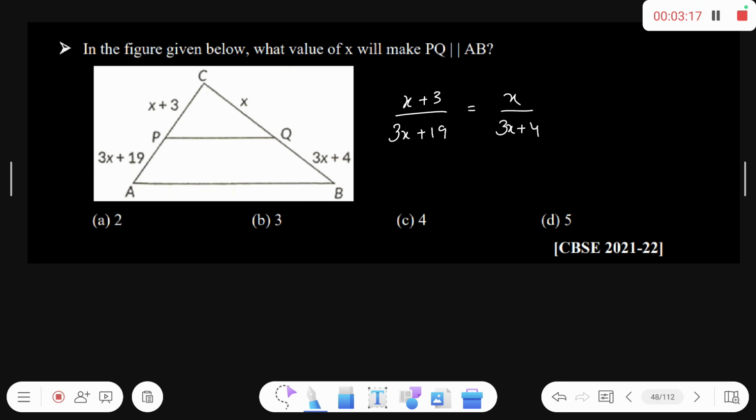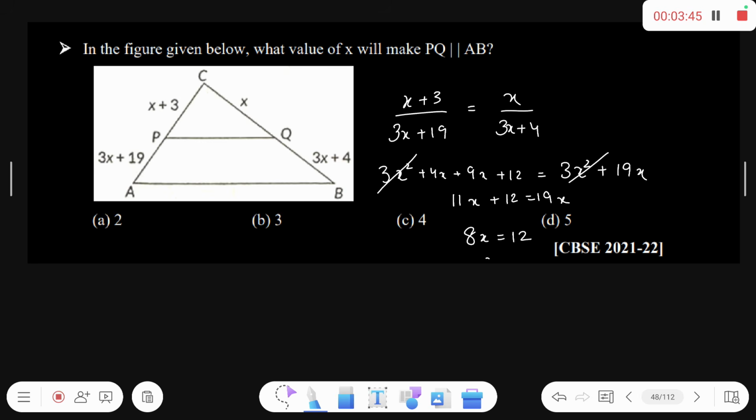Solving, x plus 3 into 3x plus 4, this is 3x square plus 4x plus 9x plus 12 is equal to 3x square plus 19x. 3x square cancels with 3x square. 9x plus 4x becomes 13x. 13x plus 12 is equal to 19x.